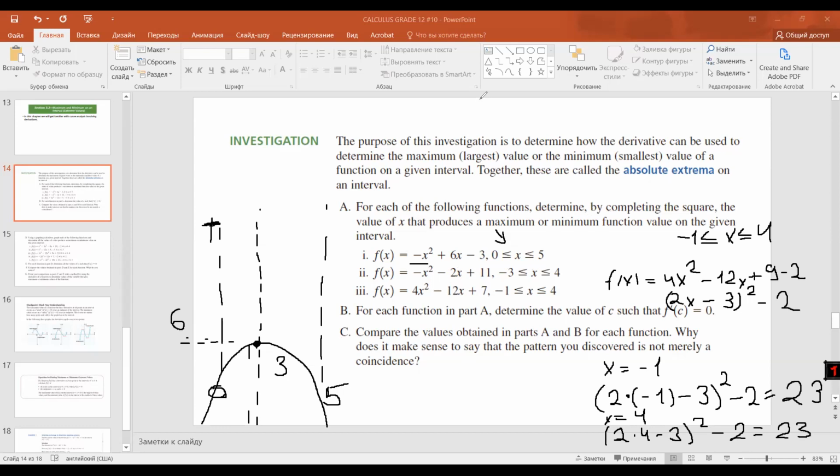So b equals negative 2. So you'd have 2 on the top, and then a is negative 1. So you would have 2 times negative 1, so it'll be 2 over negative 2. Negative 1. Your x is negative 1, which means it's in range. It means it's either the greatest or lowest point, if it's the vertex of our parabola.